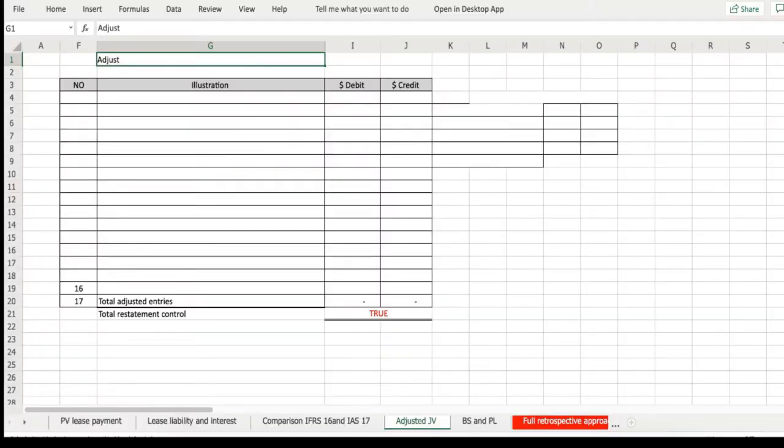Let's call it adjustment entries under IFRS 16, the full retrospective method.